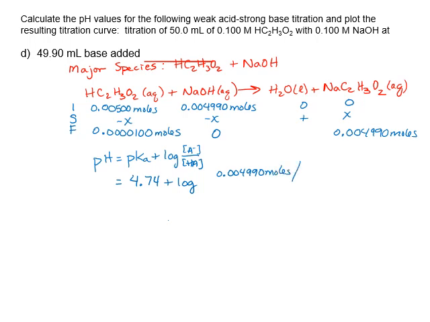The new total volume is going to be 99.9 milliliters or 0.0999 liters. And our acetic acid concentration is the moles over the total volume. Plugging that all in gives us a pH value of 7.44.